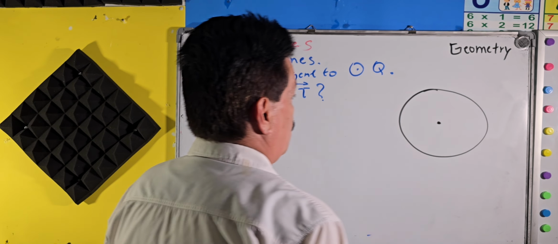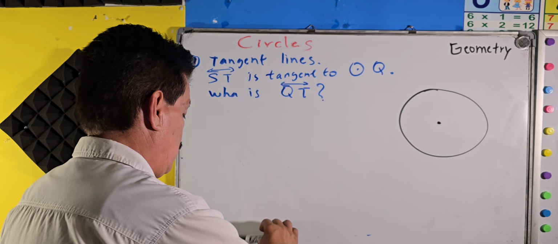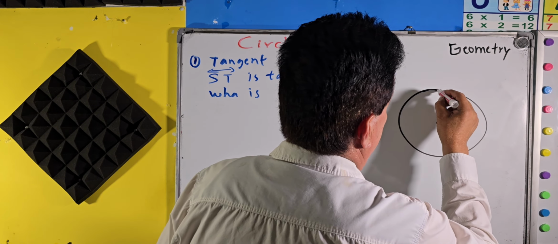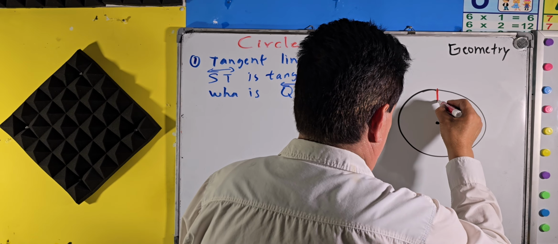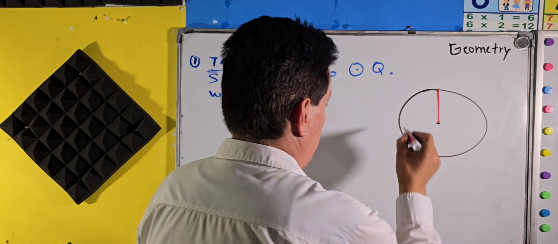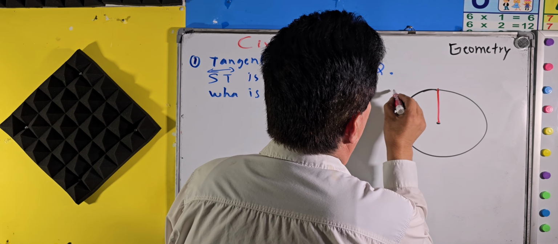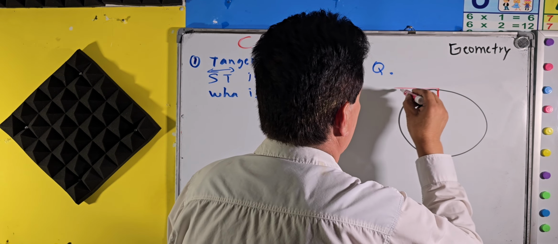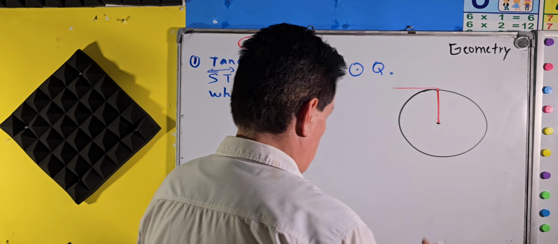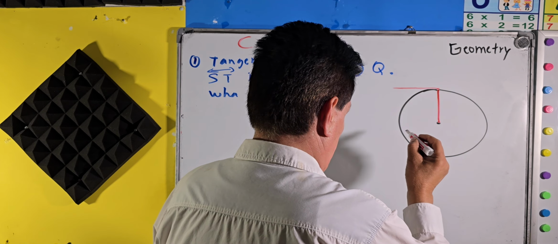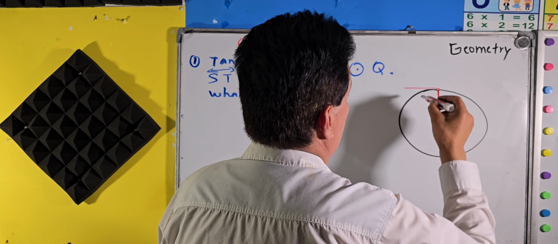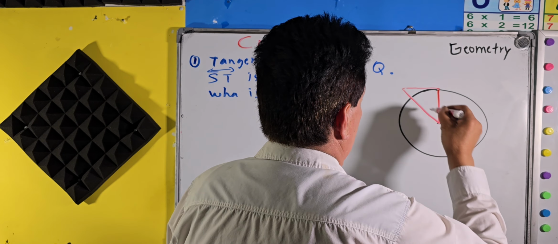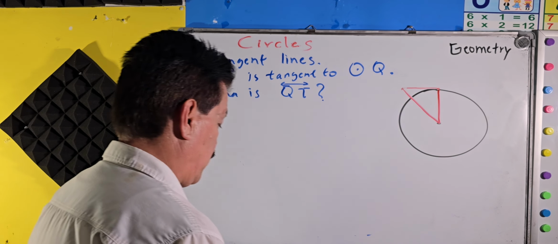And then here we will have a triangle. We have this little triangle right there.